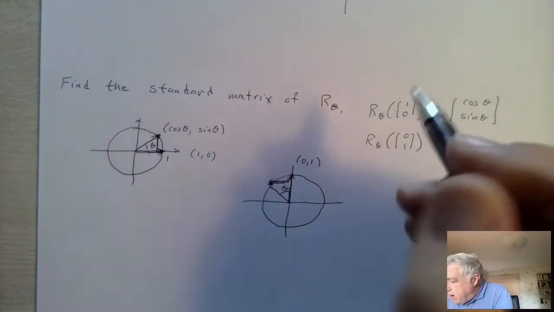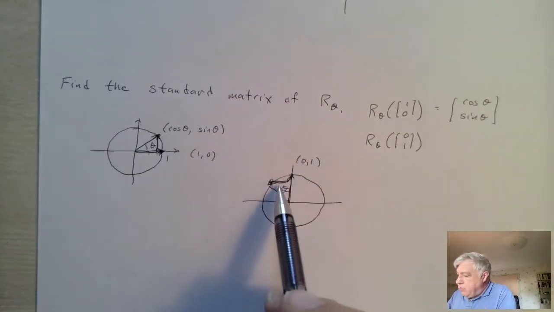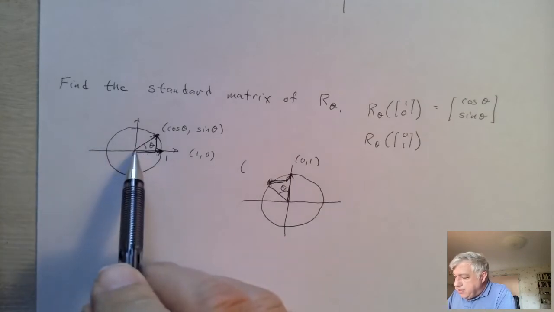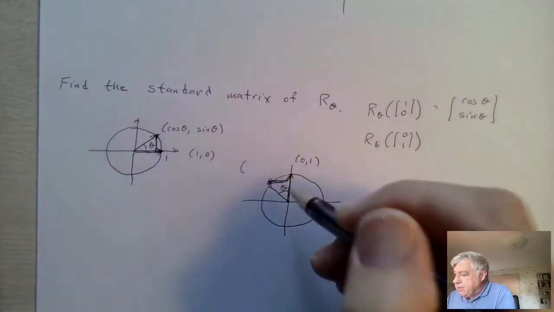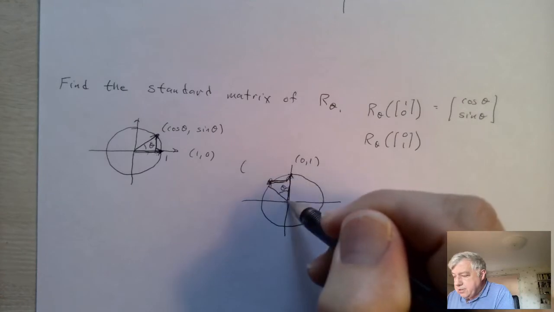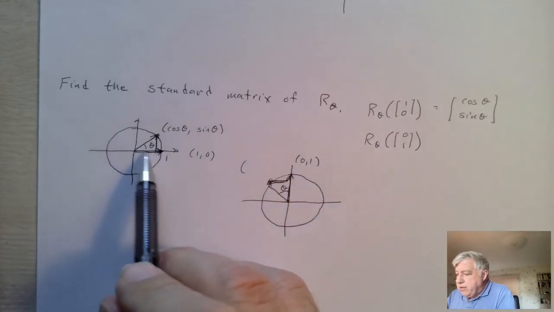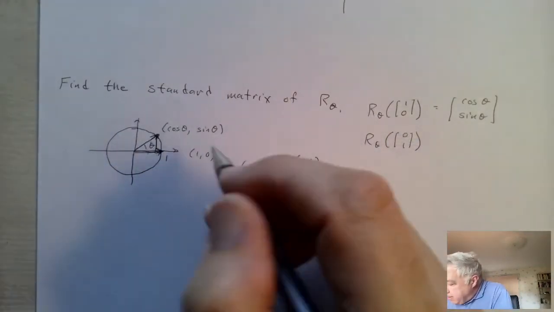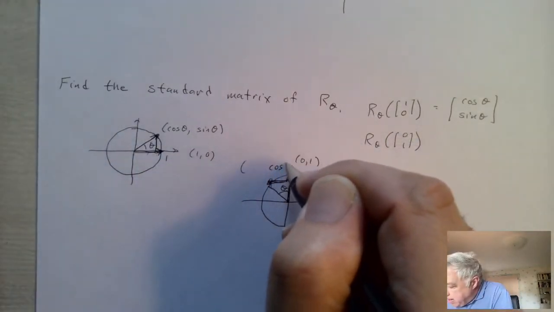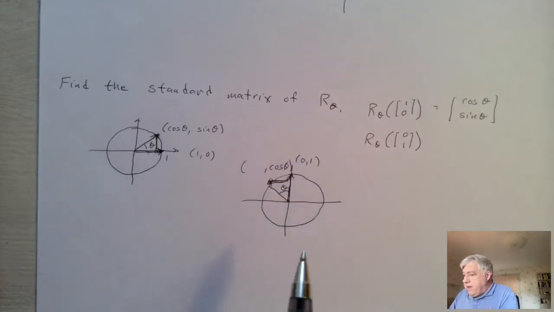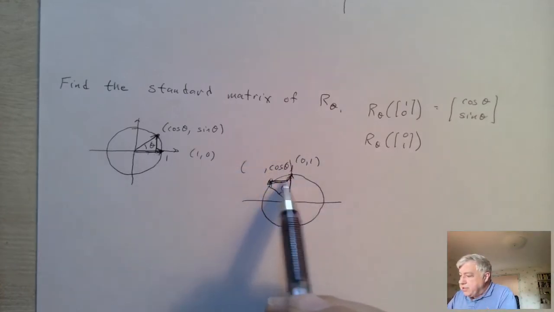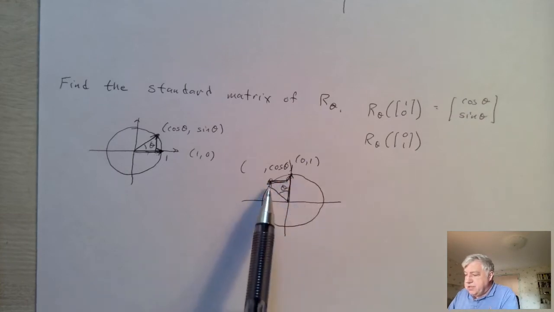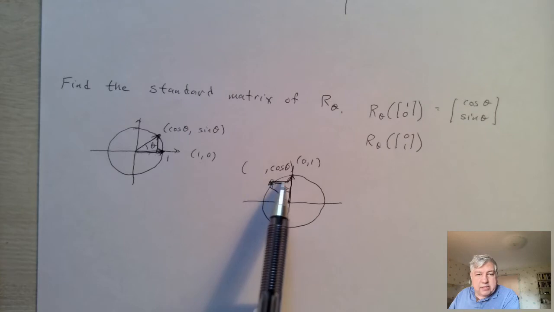So what are the x and y coordinates of this point? You can see that this distance right here is now equal to this distance. So the x-coordinate here is now the y-coordinate here, so cosine theta will be the y-coordinate. And then the x-coordinate here is the opposite of this distance, because we can see that the x-coordinate has to be negative.